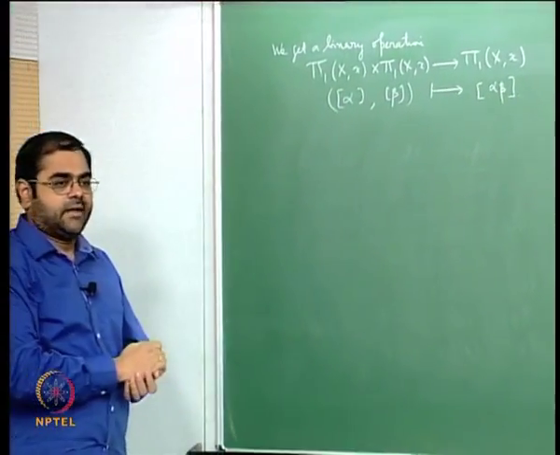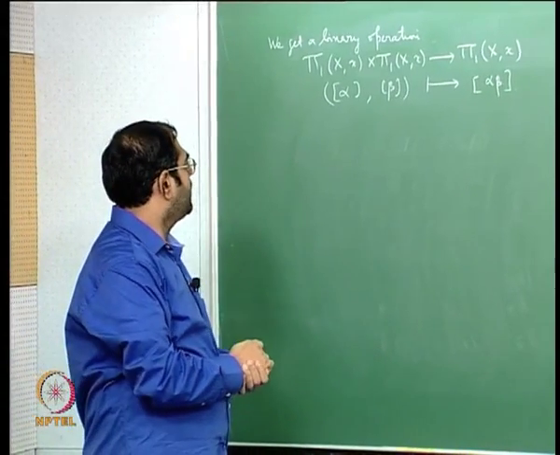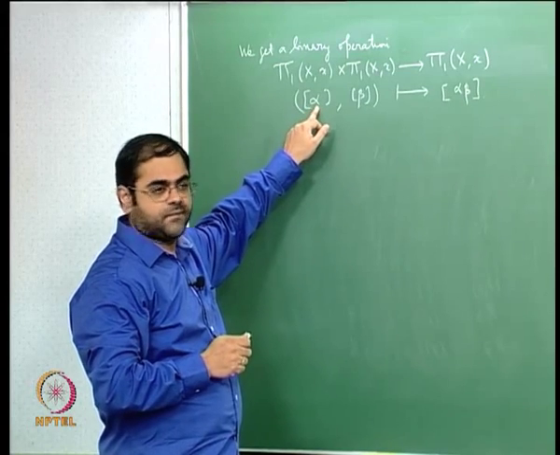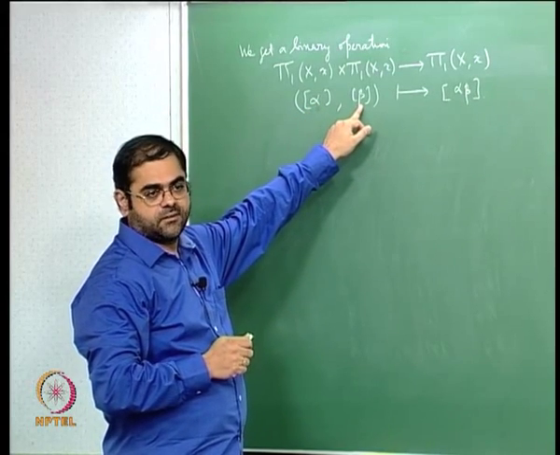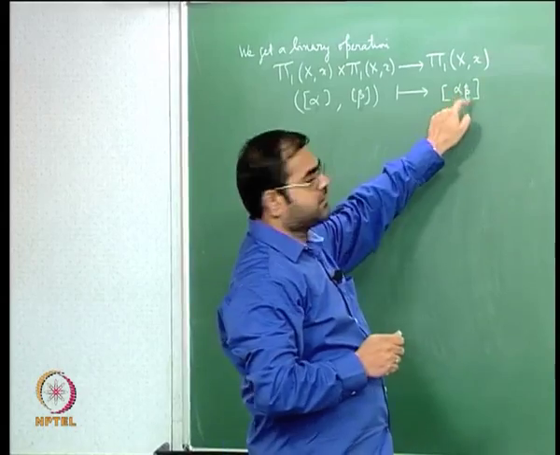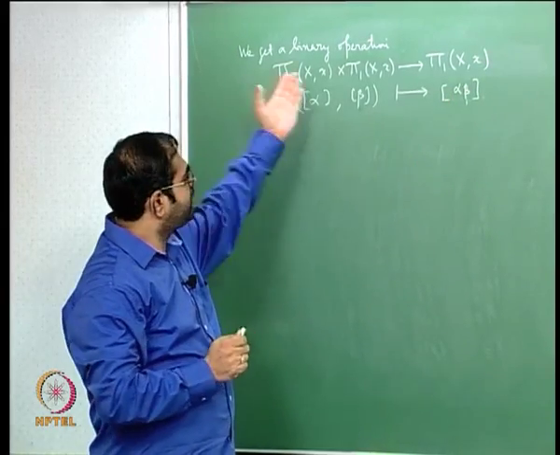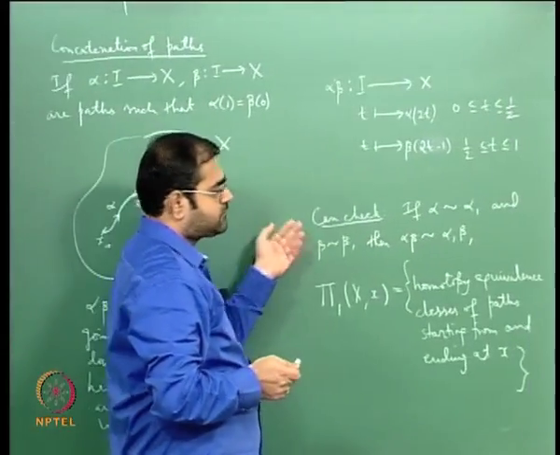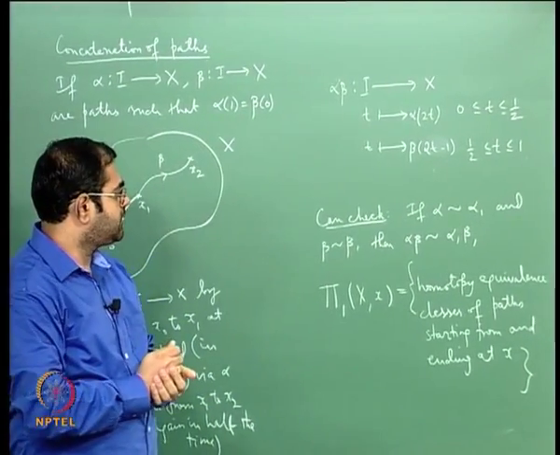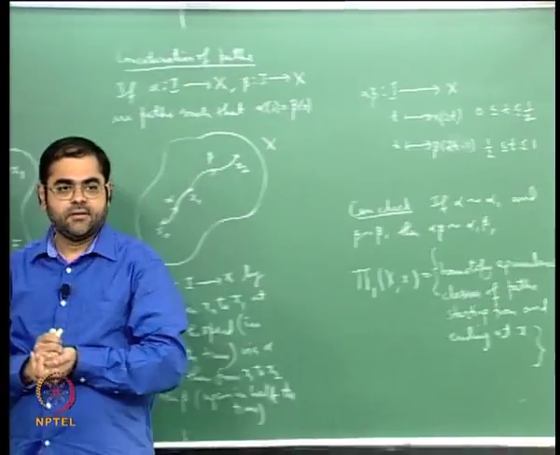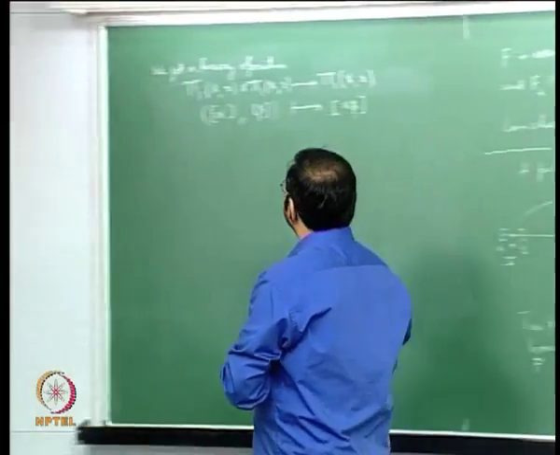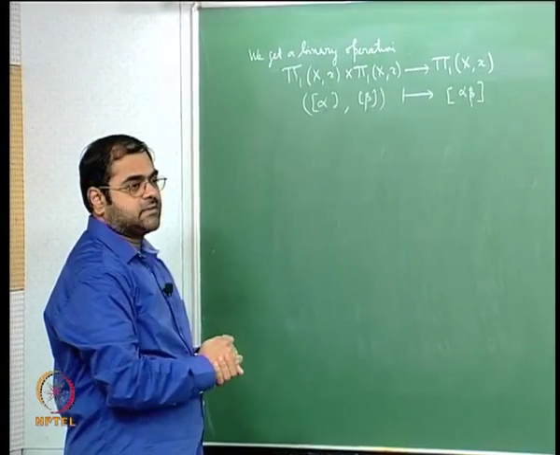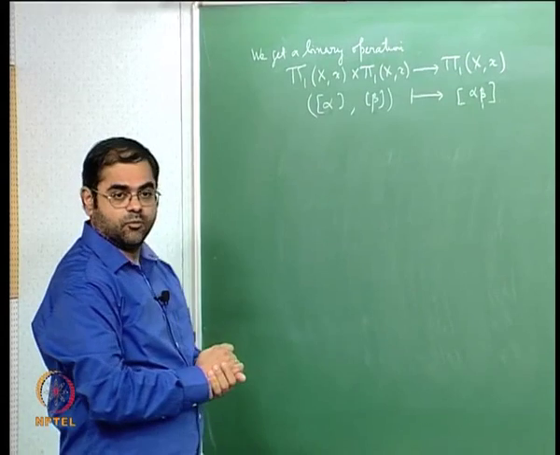Here, when I put the square bracket I mean the homotopy equivalence class of the path alpha, and this is the homotopy equivalence class of the path beta, and this is the concatenation. Okay, that you get a well defined map like this itself depends on the fact that your concatenation respects homotopy. So the point is that under this operation pi 1 of capital X comma small x becomes a group.